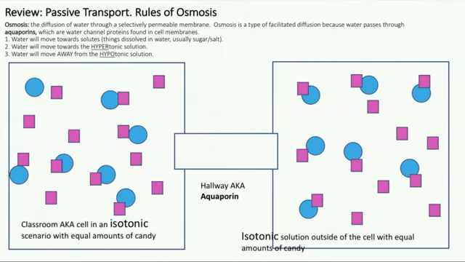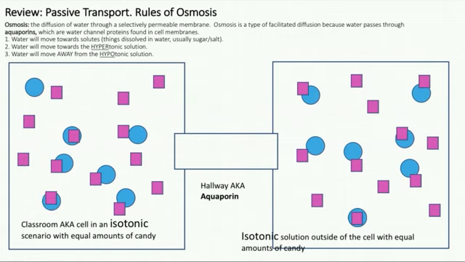Okay, next scenario. This is an isotonic solution. So in this case, both my classroom and the outside of my classroom have equal amounts of candy or equal amounts of solutes, okay? So what's going to happen is my students here, they're pretty happy, they're balanced. What may happen is some students may kind of go back and forth, but you notice if one water molecule or one student leaves, another one's going to come back over.